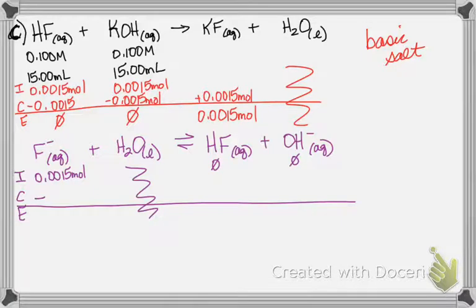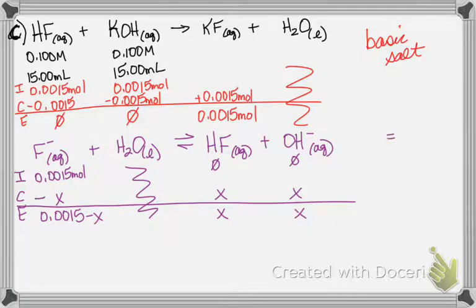We can't say all of it because it's the conjugate of something weak. If it was something strong, it would be all of it, but it's not all of it. So it's X. That means we're going to make X HF and X amount of OH as well.